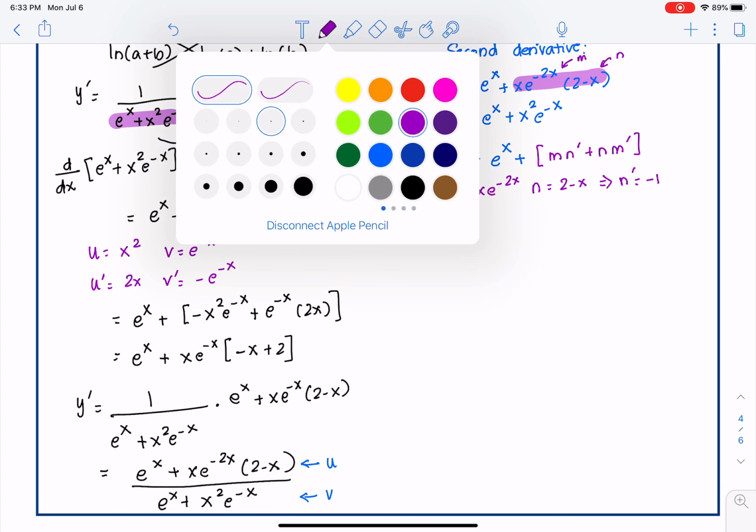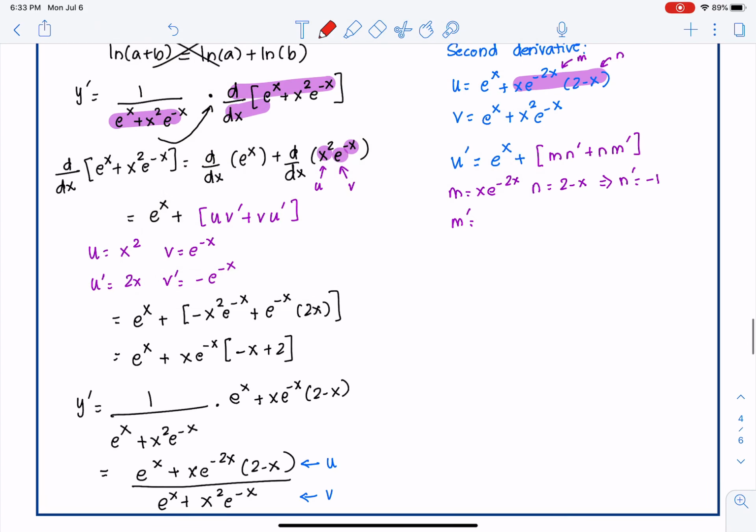So I am going to call that S and that T. So we have S T prime plus T S prime, and that would give us M prime. So what is S? S is x, T is e raised negative 2x, S prime is 1, T prime is e raised negative 2x multiplied by negative 2.